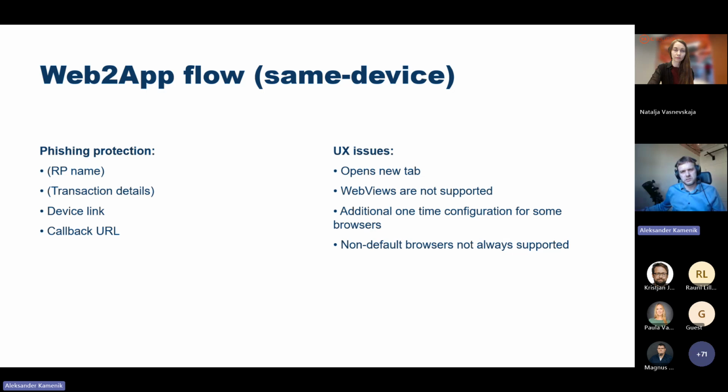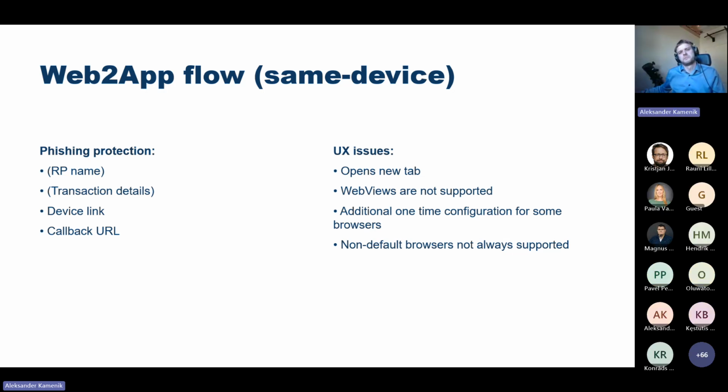And for some browsers like Opera, the first time the user uses this flow on any RP that supports it, they will be redirected to a fallback page where they will be told that they need to enable app links or universal links for this browser. Most browsers support it by default. Opera, I know, requires additional configuration. It's mostly not a problem, but just to be aware of.